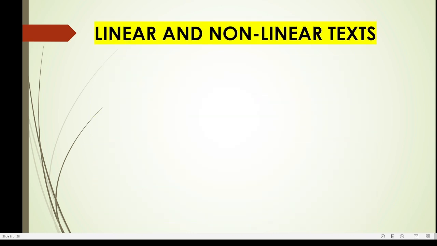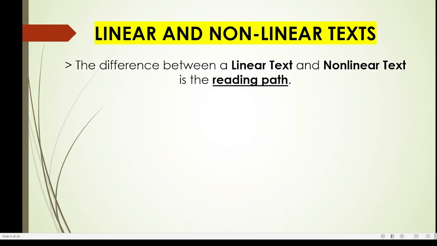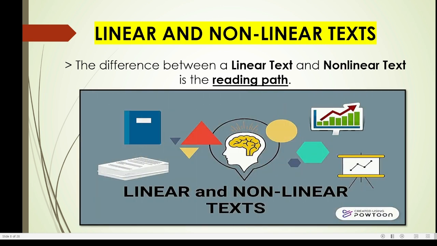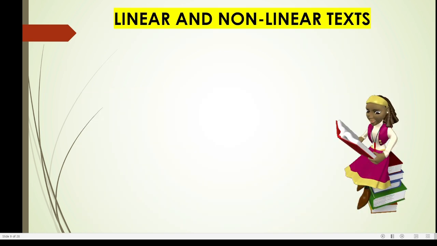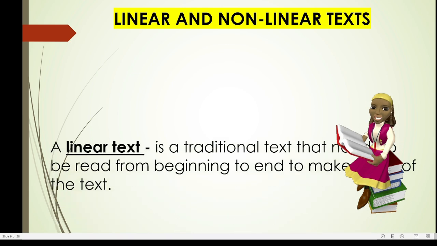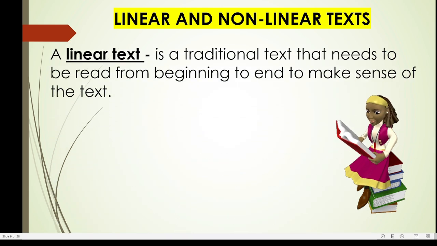In this lesson class, it is important that you know the difference between linear and non-linear texts. Take note that the main difference between the two is the so-called reading path or the reading pattern. Let us define what a linear text is first. A linear text is a traditional text that needs to be read from the beginning to end to make sense of the text.